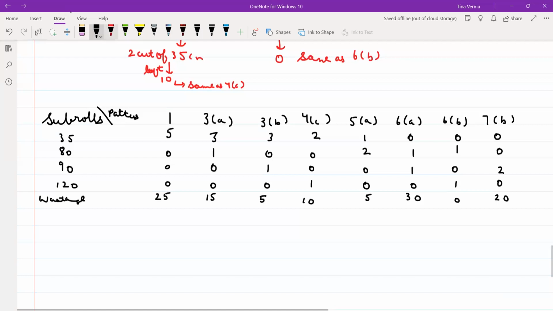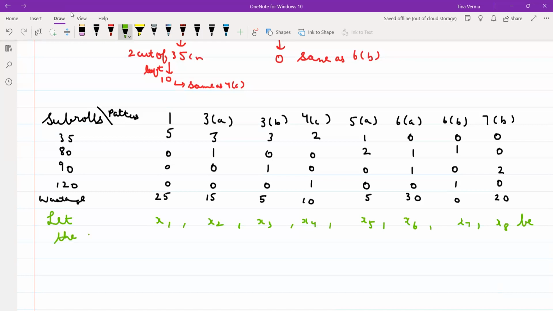So let x1, x2, x3, x4, x5, x6, x7 and x8 be the number of sheets that can be cut as per the above patterns, respectively.